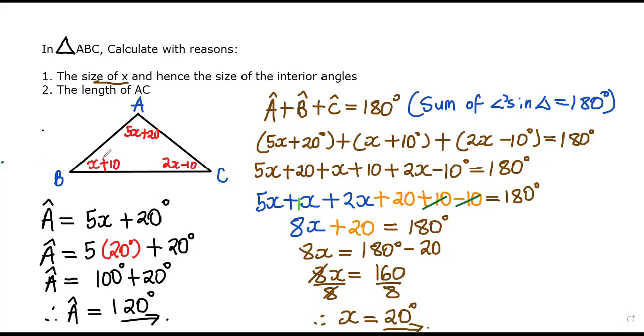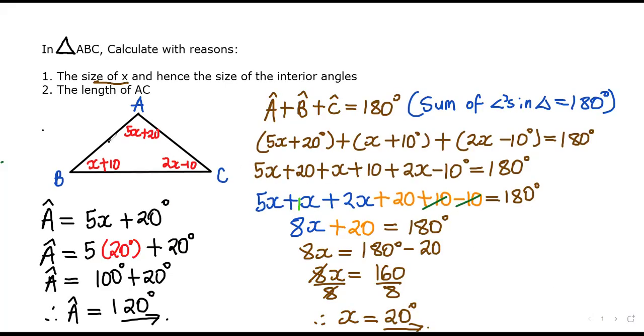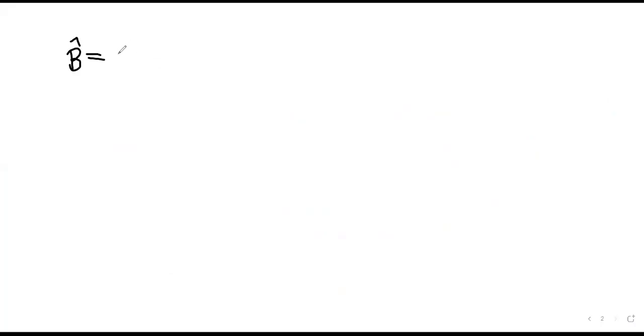And then now we move into calculating the size of angle B. So to start with, we know that our angle B equals, let's now check the angles that are given with regards to angle B. So angle B is this angle right here. That gives us x plus 10. So we are getting x plus 10. We're going to say x plus 10 degrees.